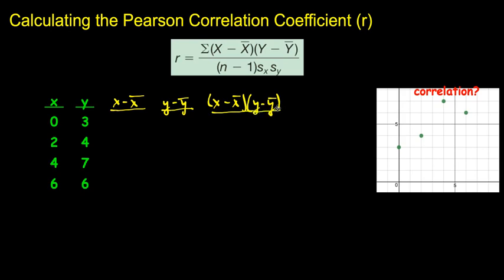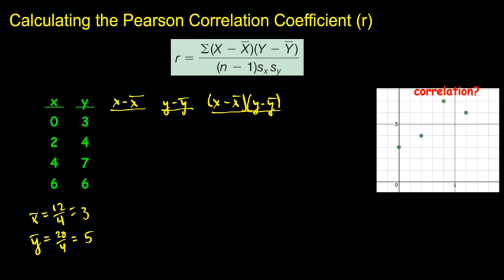And we're getting very involved here. So let's calculate the mean for our x's down here real quick. Each x value, 0, 2, 4, 6. The sum is 12, divided by 4 gives us 3. And the mean of our y values, y bar: 3, 4, 7, 6 added together give us 20, divided by 4 gives us 5. So there's our average of our x's and average of our y's.